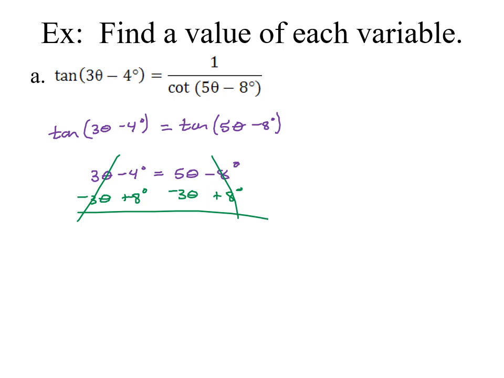I'll end up with 4 degrees equals 2 theta. And divide both sides by 2. So theta is 2 degrees. And by the way, on the homework and things, they usually don't want you to put the degree symbol on there. Just putting in the number 2 would be fine.